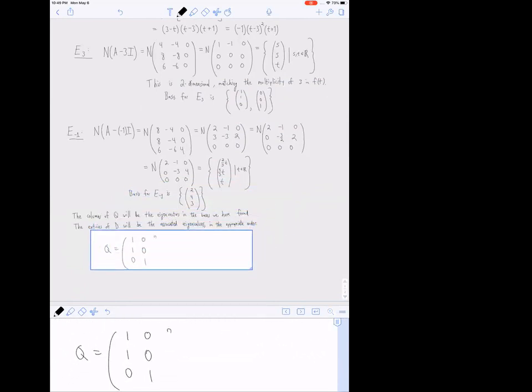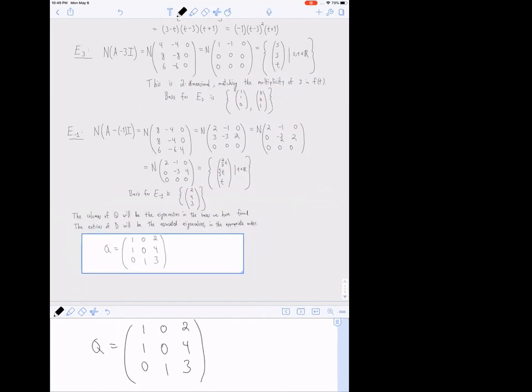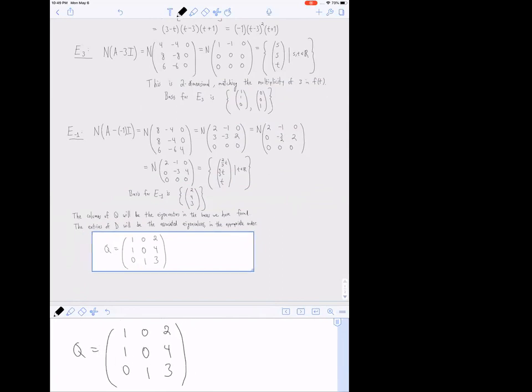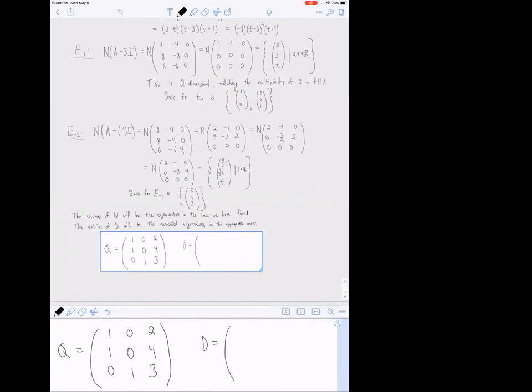That will be 2, 4, 3. So in particular, the first column had a corresponding eigenvalue 3. The second column had corresponding eigenvalue 3. And the third column had corresponding eigenvalue -1. So then the diagonal matrix will have those eigenvalues in that order.